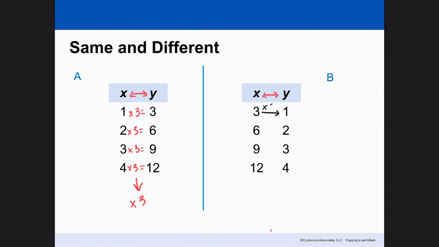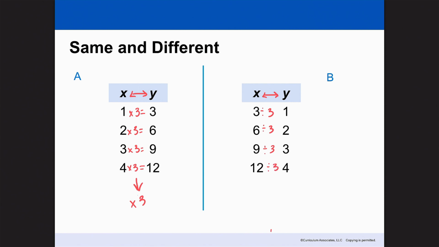I'm not multiplying because my values are getting smaller, they're decreasing. Here it's decreasing to 1, this is decreasing to 2, this is decreasing to 3. So I can see that we are actually dividing by 3 instead of multiplying.